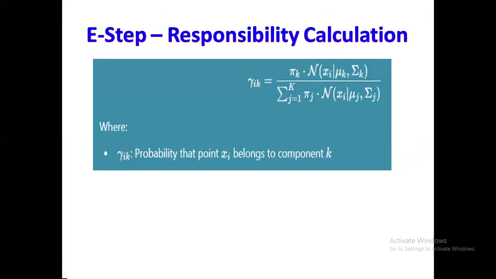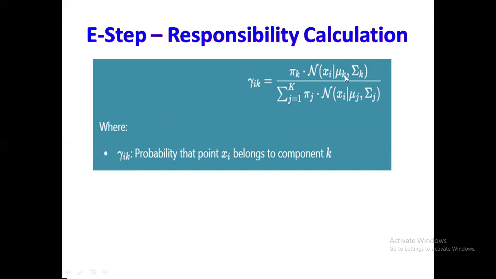First, the E-step responsibility calculation. In the E-step of the EM algorithm, we compute the responsibility, which we can call gamma_ik, the probability that a given data point xi belongs to component k.